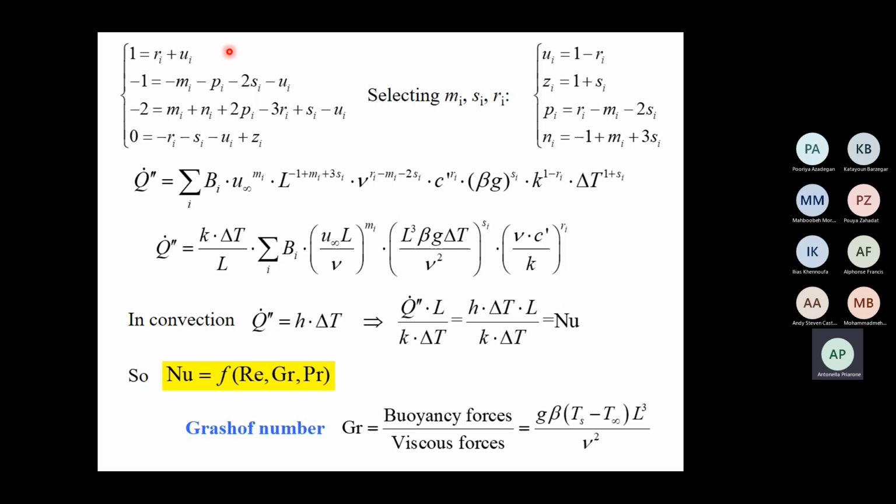So I have now a list of equations that link the different exponents, but I want to express some exponents as a function of the others. In particular, in this case, I select m, s, and r. And please switch off the microphone.